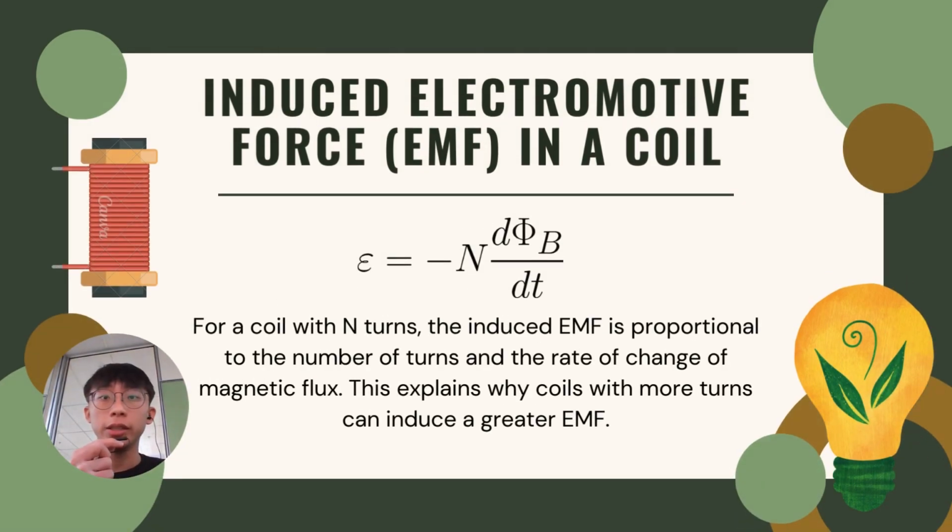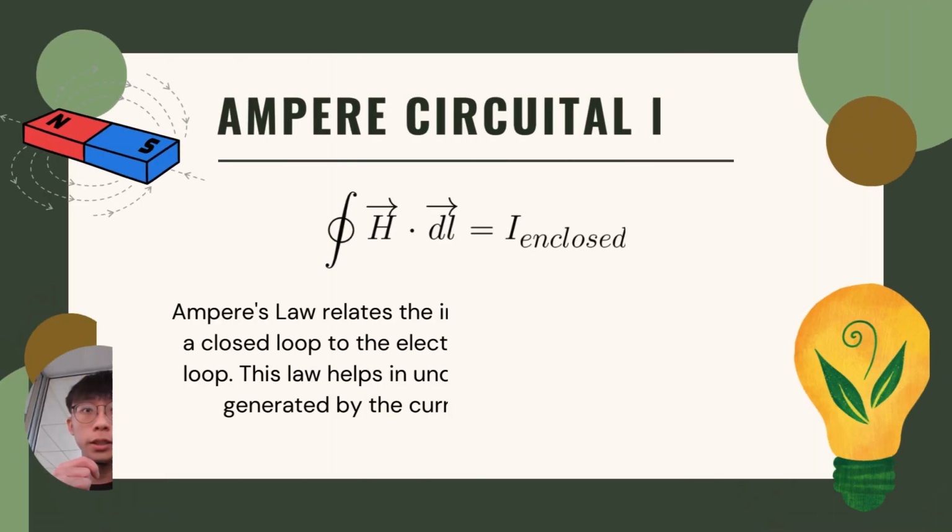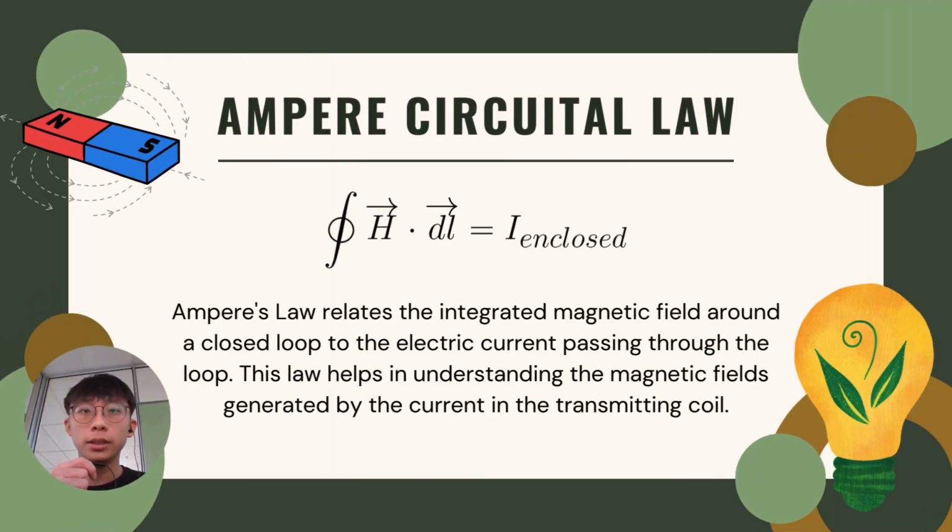If we substitute the flux linkage equation into Faraday's law formula, we can obtain that a greater number of turns of the coils will result in a greater EMF. Also, a greater rate of change of magnetic flux will produce a higher EMF at the receiver. Other than that, Ampere's circuital law states that the closed integral of magnetic field intensity dot product with the imaginary loop is equal to the amount of current that exists inside the loop.